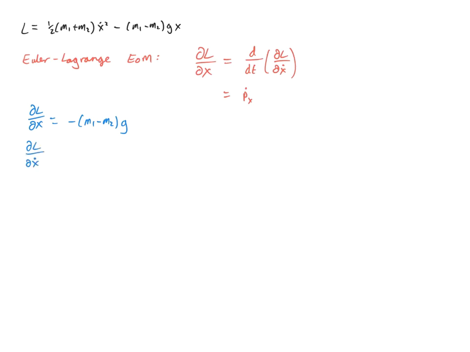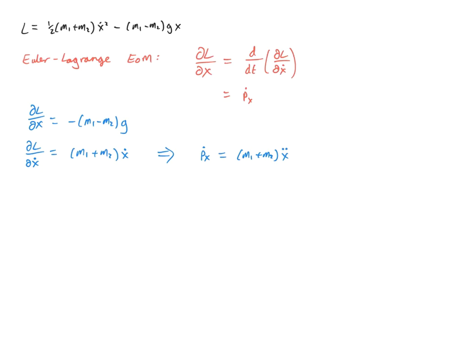However, when we calculate the partial derivative dL by dx dot, we treat x as a constant and only take the derivative of the x dot terms in the Lagrangian, which just gives us m1 plus m2 times x dot. We need to take the time derivative of this term. And so p_x dot, which is just the time derivative of this term, is clearly m1 plus m2 times x double dot, the second derivative of x with respect to time.